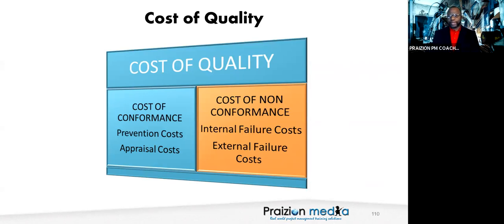But on the flip side, we have cost of non-conformance, which includes internal failure cost, such as scrap, wasted materials, and rework, spending labor hours, labor costs to repair defects. We also have on the negative end of the spectrum, external failure cost, liabilities, warranty work, and lost business, which we should vehemently avoid.